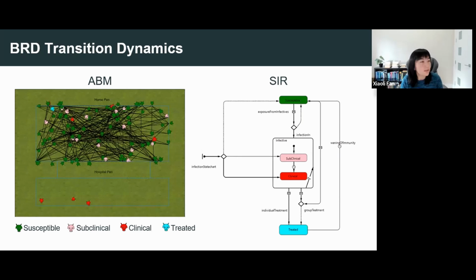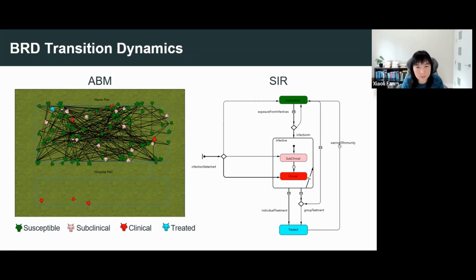This is the outlook of our agent-based model on the left. You can see there are different types of cattle with different colors, which represent their disease status. And if there are lines connecting cattle, that means it is possible to transmit the disease.